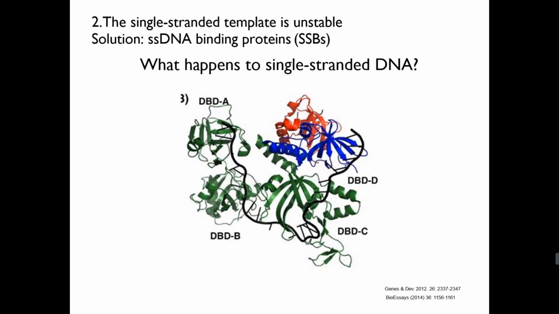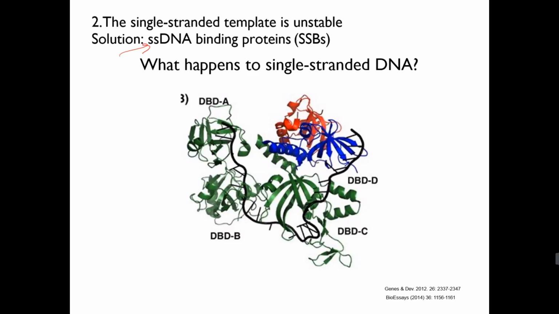It has the propensity to form secondary structures, and of course it's very susceptible to nucleolytic cleavage. So the bottom line is that we have to protect the single-stranded DNA. The way that single-stranded DNA is protected intracellularly is by proteins referred to as SSBs. SSB stands for single-stranded DNA binding protein.